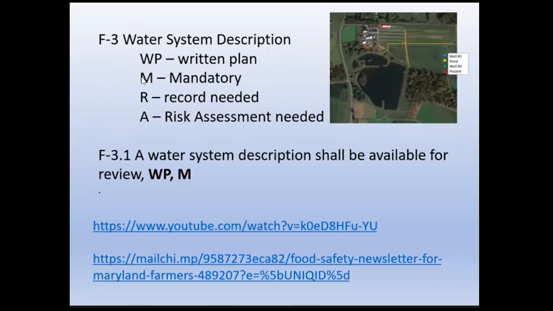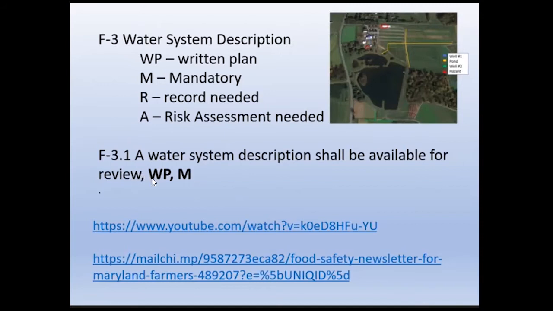M is used to indicate something that is mandatory. R indicates that a record must be kept, a log must be kept. And A stands for risk assessment needed. So in the water standard for harmonized GAP, we have 2 risk assessments that must be done. So let's start off with F3.1, which states a water system description shall be available for review.